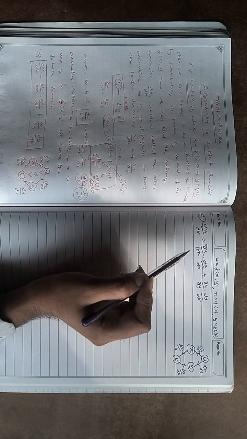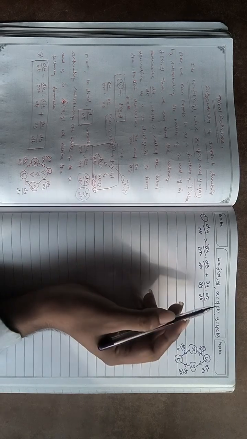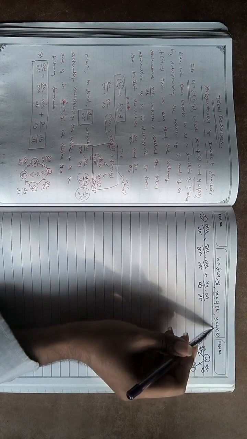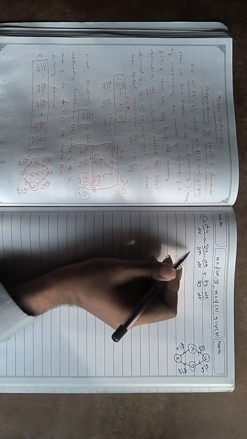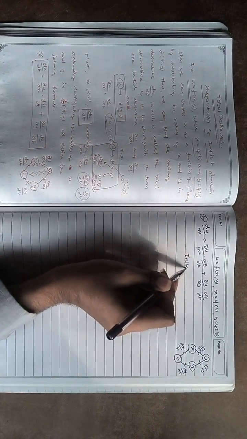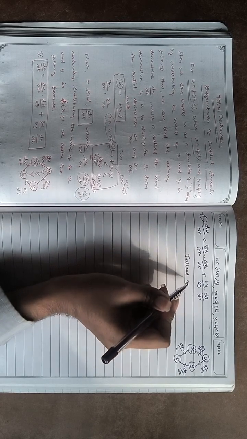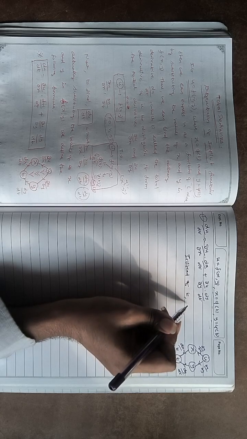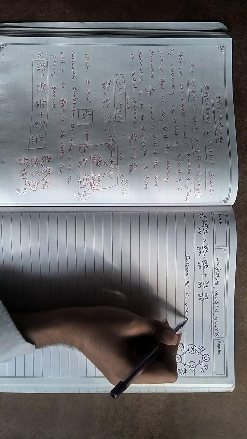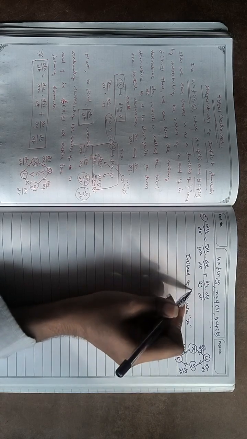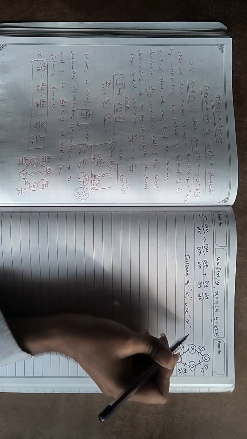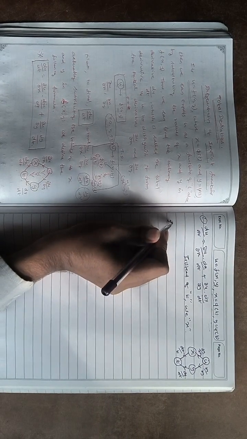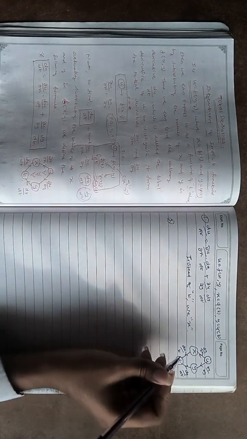Now suppose that x is a function of t and y is also a function of t, and instead of t I want to use x. Then the above formula will become the following case.